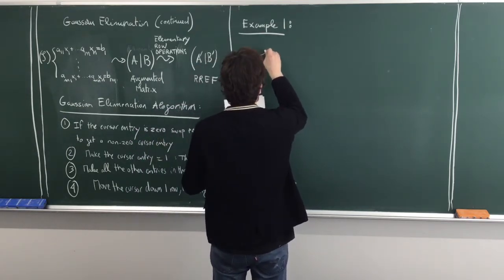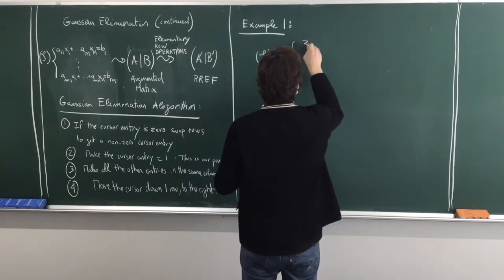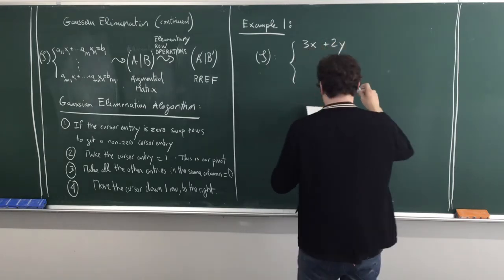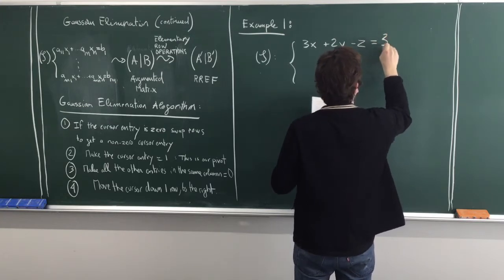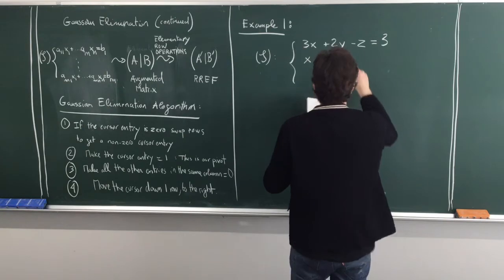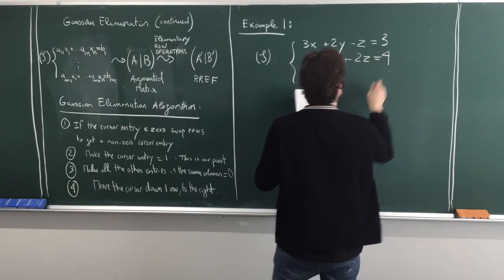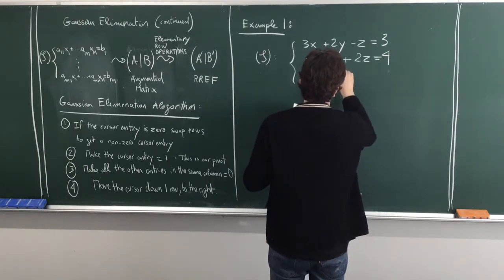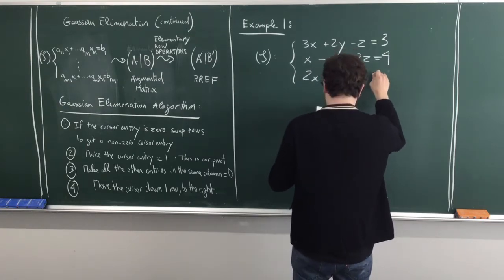So here the system will be the following. 3x plus 2y minus z equals 3. x minus y plus 2z equals 4. 2x plus 3y minus z equals 3.